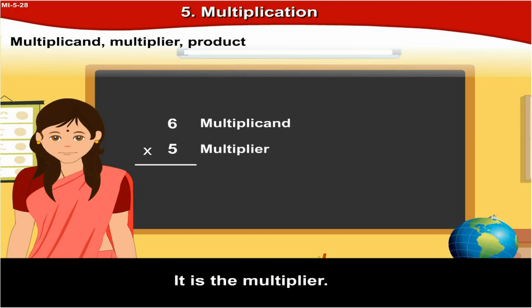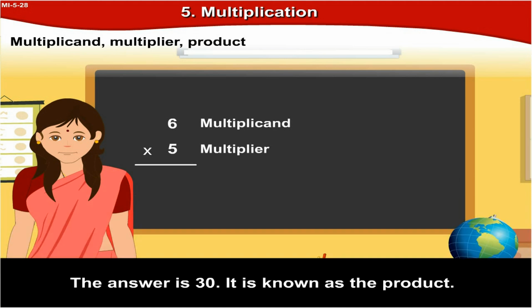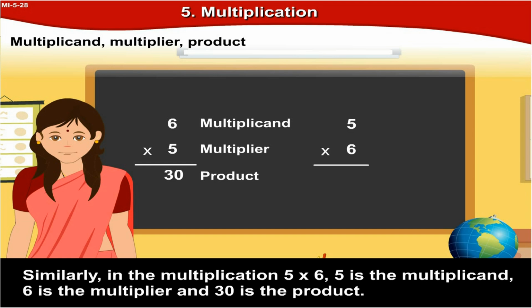It is the multiplier. The answer is 30. It is also known as the product. Now, similarly, in the multiplication 5 multiplied by 6, 5 is the multiplicand, 6 is the multiplier, and 30 is the product. I'm sure you've understood it very well, right?